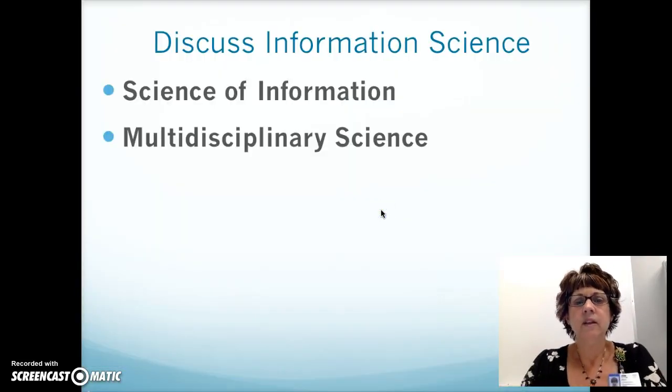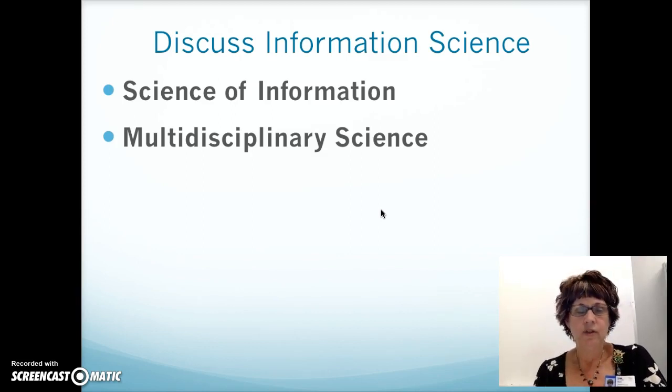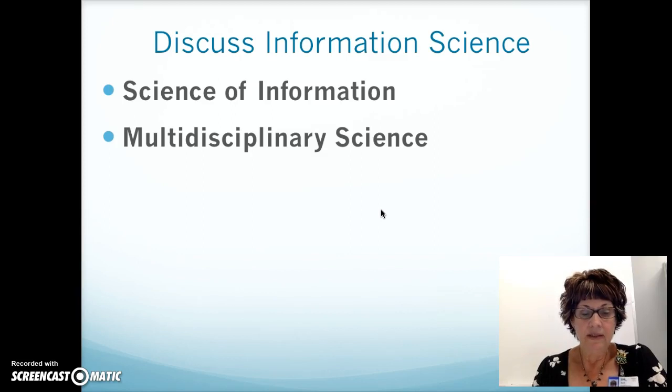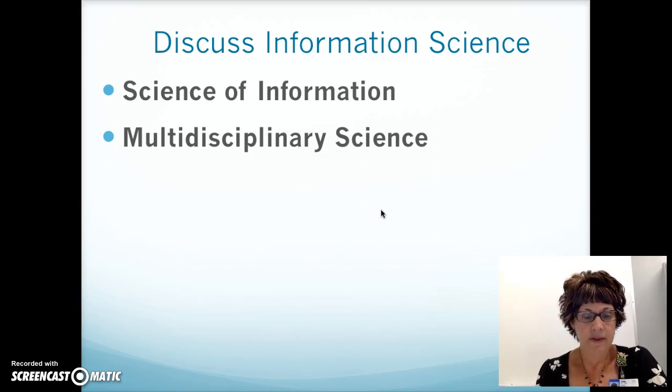All right, let's discuss a little bit about information science, the science of information. It's the studying and application and use of information, what it says. It's knowledge in organizations and interfacing or interaction between people and organizations and information systems. It enables the processing of information. So it's very important as we move through this course that we understand about the science of information.